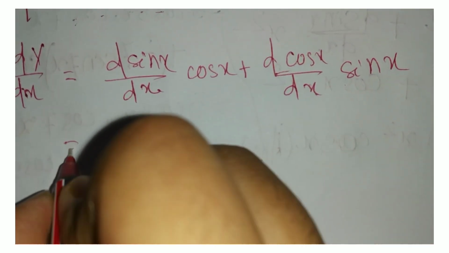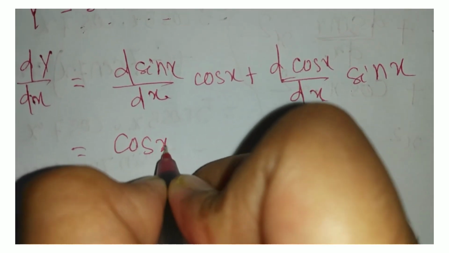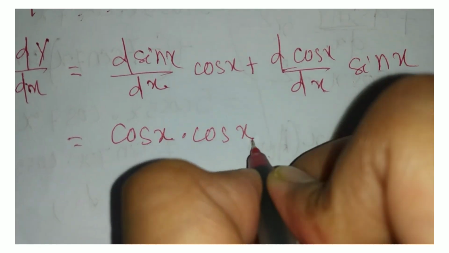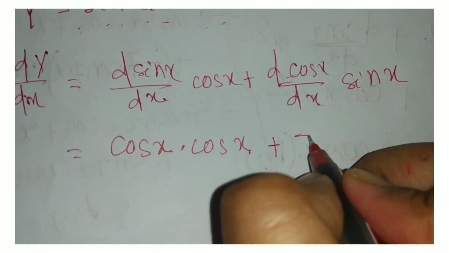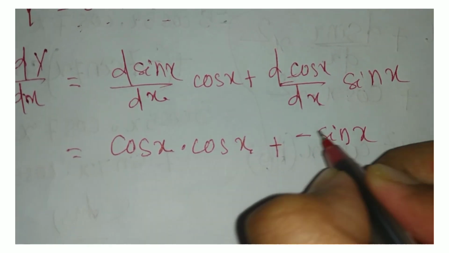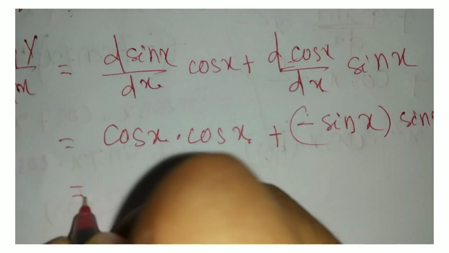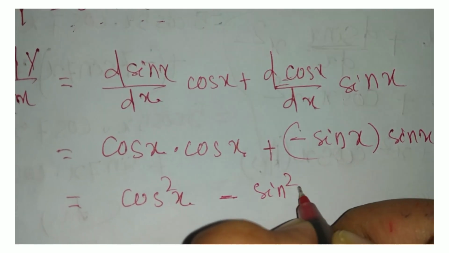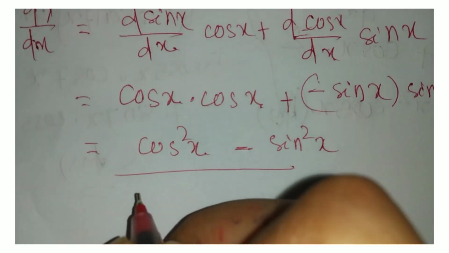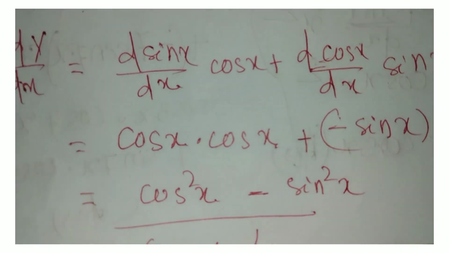The derivative of sin x is cos x, into cos x, plus the derivative of cos x, which is minus sin x, into sin x. It is cos square x minus sin square x. What's the formula? Cos 2x. Answer.